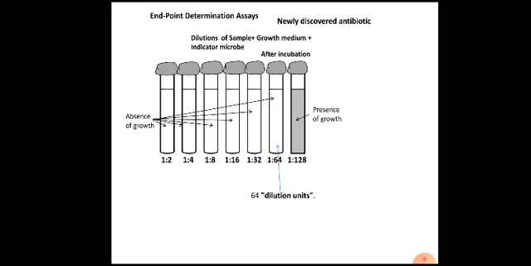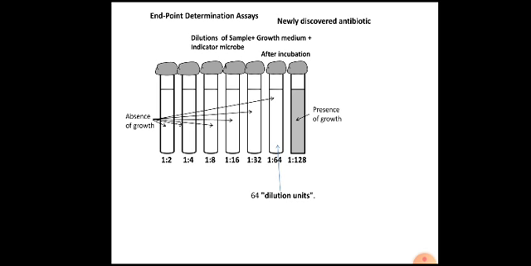So we can say that this tube contains antibiotic in a concentration of 64 dilution units. These are called arbitrary units. Arbitrary means we have decided these units. Why have we decided? Because a standard reference compound is not available. So these are arbitrary units.